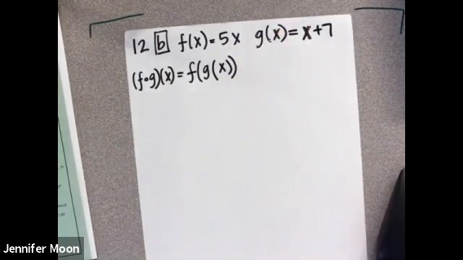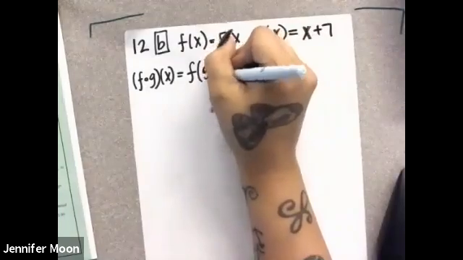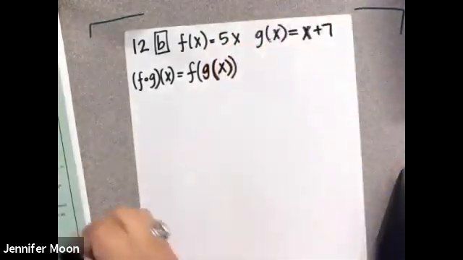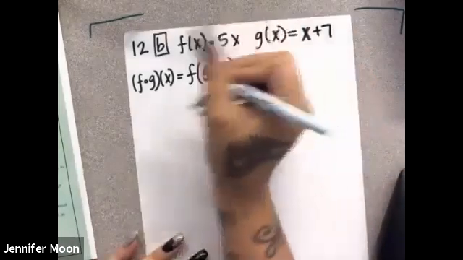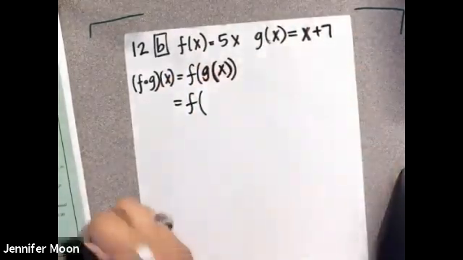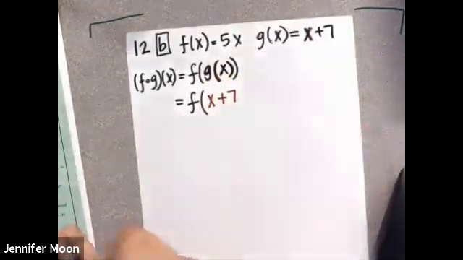Now, that's where I was supposed to use my red, y'all. You should notice that I've got my g of x being plugged into my f of x, right? It's really hard to switch. So let me actually plug that in. If I do f of, what's my g of x? x plus 7?